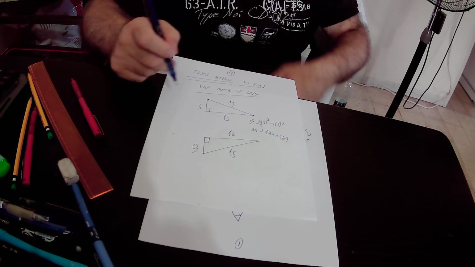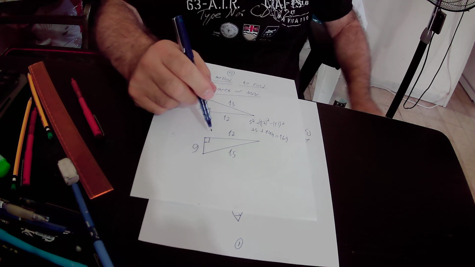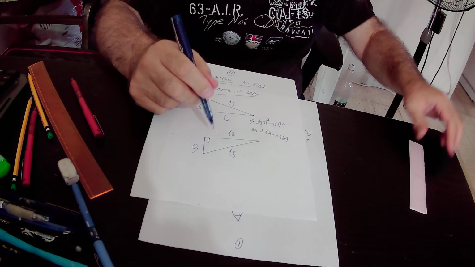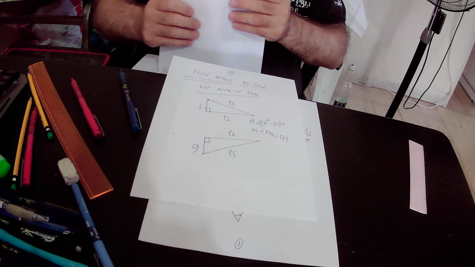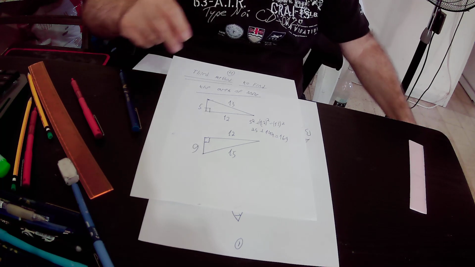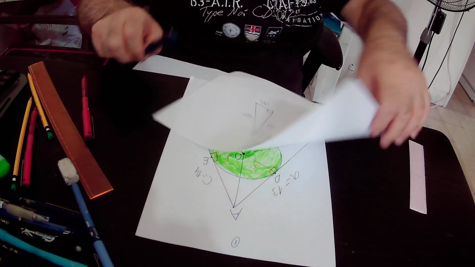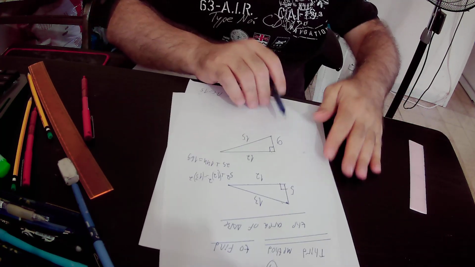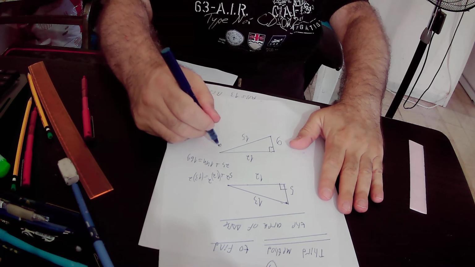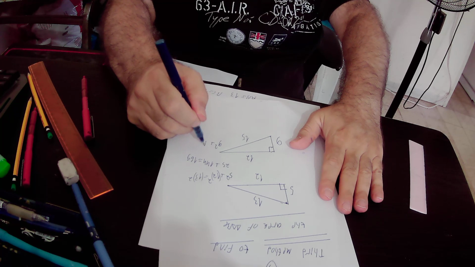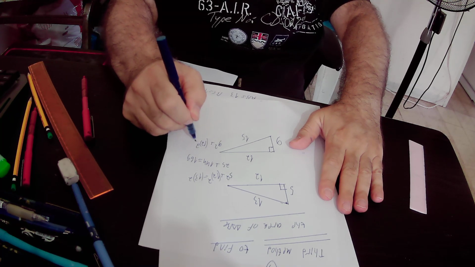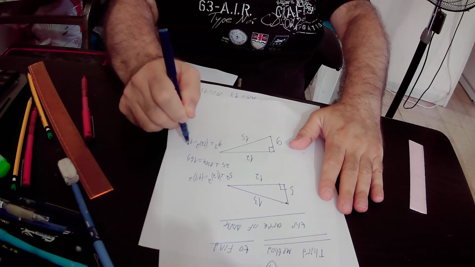And also, this is a right triangle because it obeys the Pythagorean theorem, and we will prove it now, because 9 squared plus 12 squared equals 15 squared.